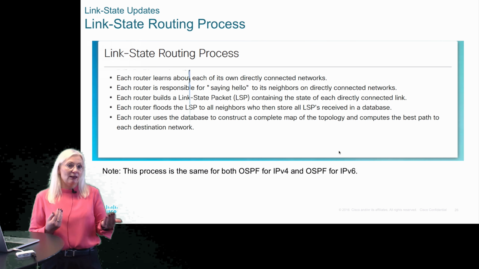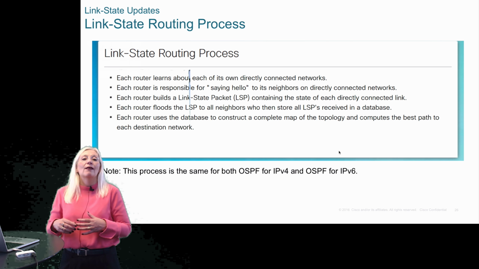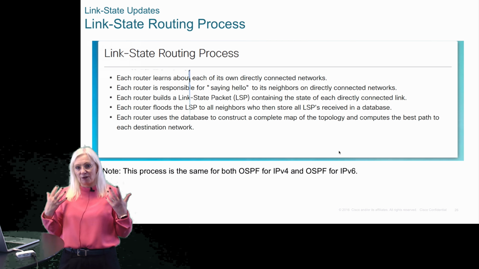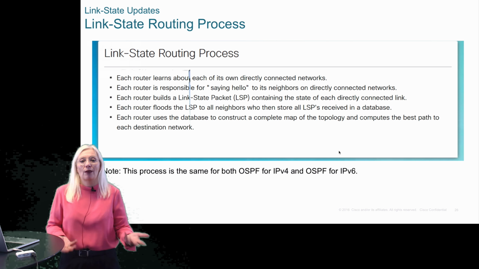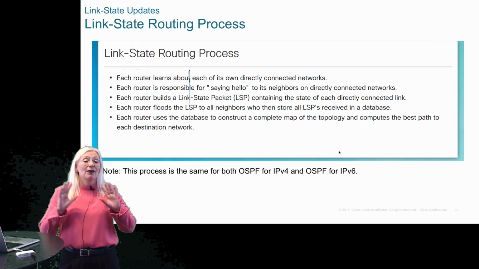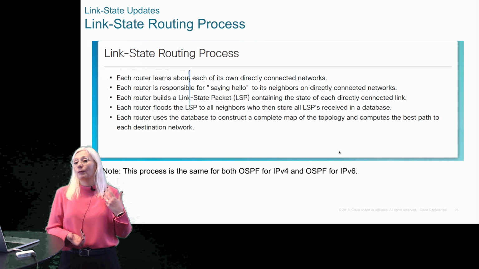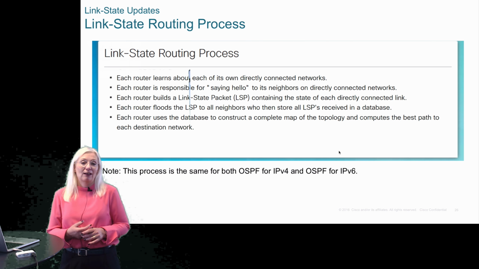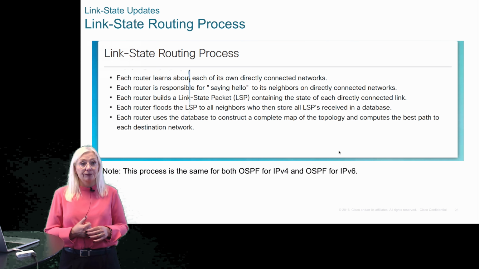That means that when we start the process of a link state protocol, there will be a lot of traffic, since everyone should say hello to each other and tell each other about their networks. But when everything is started up and there are no changes, there will be no traffic involved in a link state protocol.